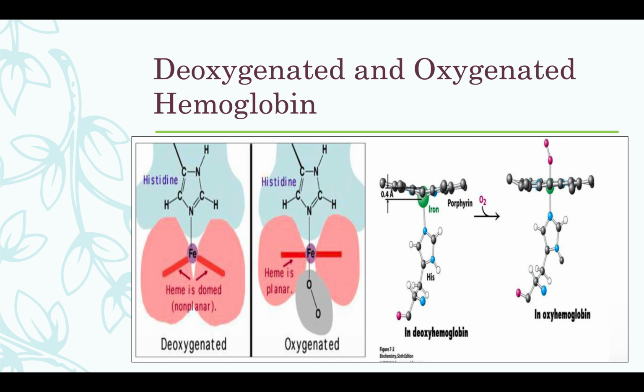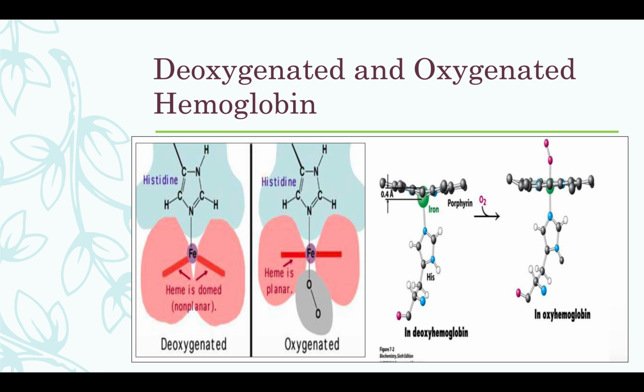Okay, so if you will notice in the figure, when hemoglobin is deoxygenated, the heme is domed and has a nonpolar configuration. Note that this is characteristic of a deoxygenated heme group. Now, the reason for it being like this is because the valence electrons in the atoms surrounding the heme group and the valence electrons in the histidine residue, particularly the proximal histidine, form electron clouds.